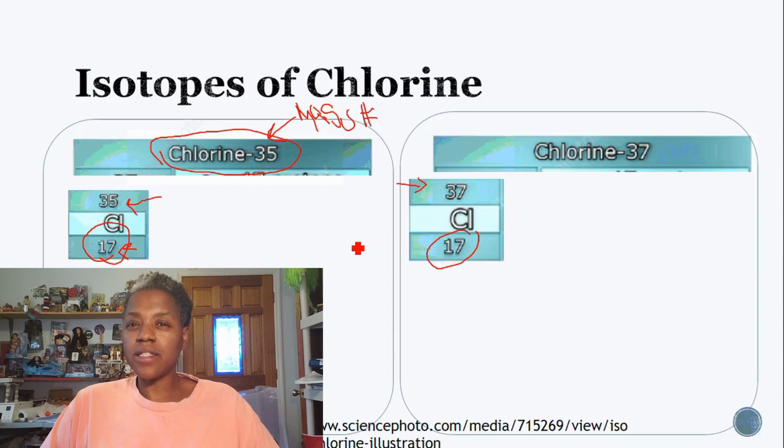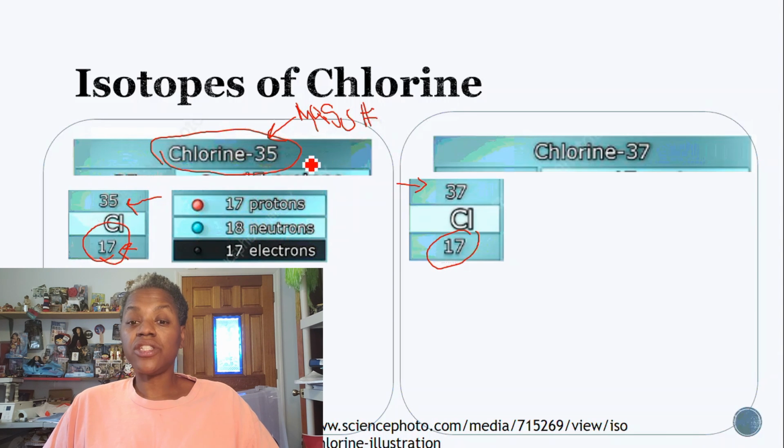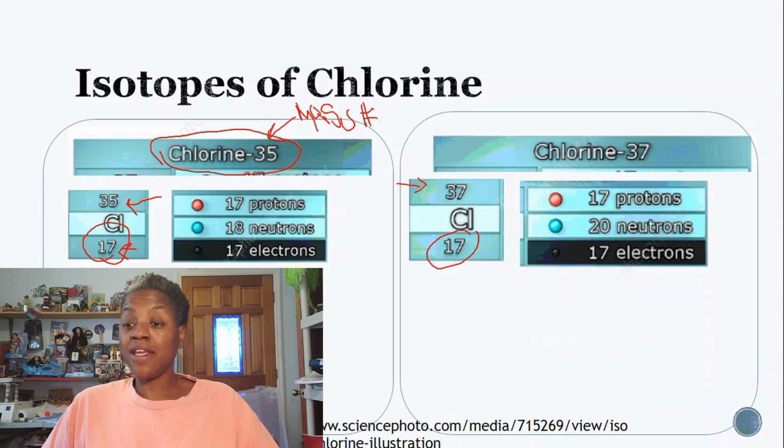And since protons and neutrons are what have mass, they give us the mass number. So chlorine 35 has 17 protons, 18 neutrons, and because there's no charge, it also has 17 electrons. Chlorine 37, on the other hand, 17 protons, 17 electrons, but 20 neutrons.